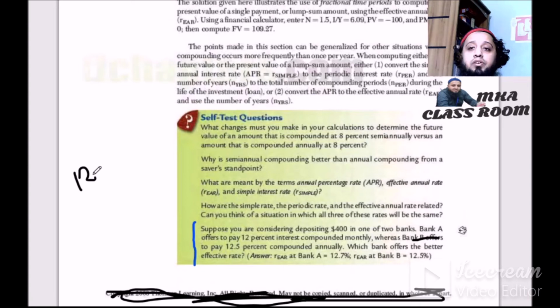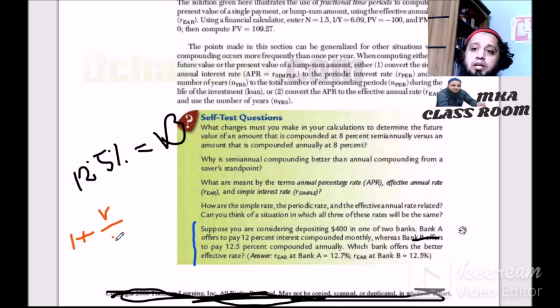Now you have to calculate the effective annual rate for bank A. Our formula is (1 plus R divided by m) power m, minus 1.